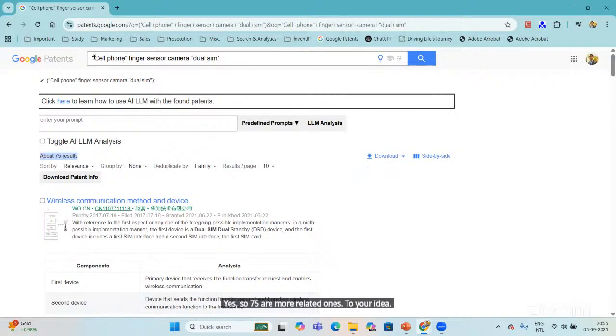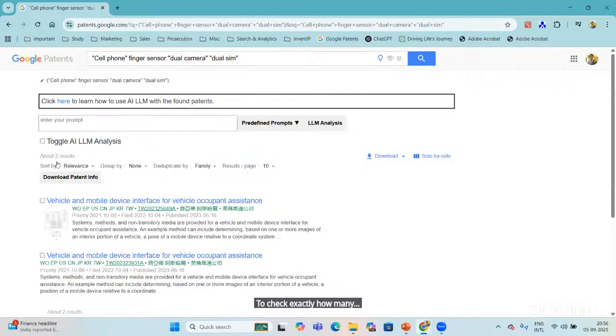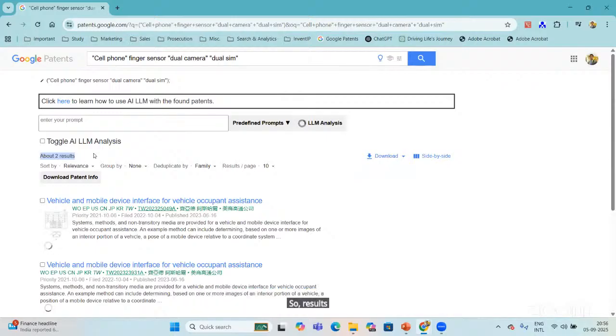And if you want to exclude something, like you have not only a single camera but a dual camera, you can have that feature also to check exactly how many there are. So how many results are there? Two results. So out of 100,000, then 75, then two.